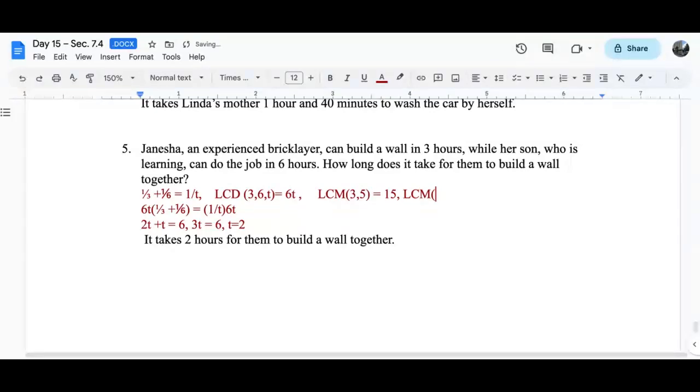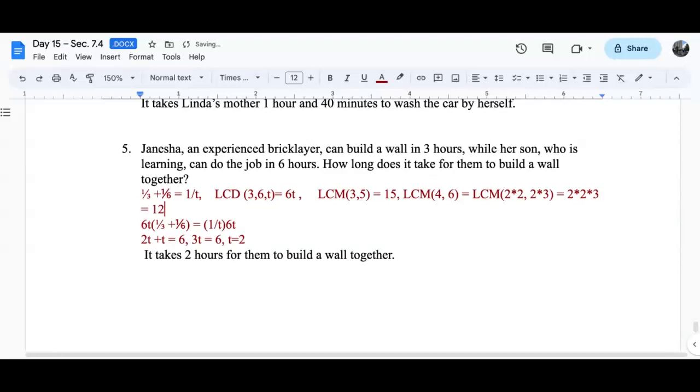Well, let's see the LCM of 4 and 6. So we talked about this one before, right? How do we figure out the common factor? Let's write this one more time. So 4 is 2 times 2, and 6 is 2 times 3, right? So that tells us the least common multiple is 2 times 2 times 3, which is 12.